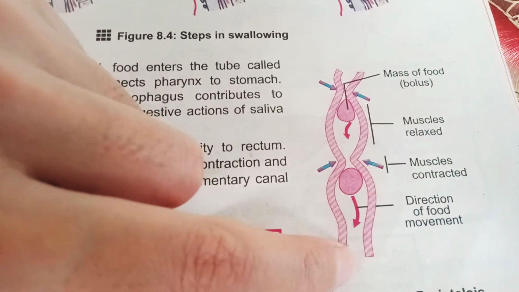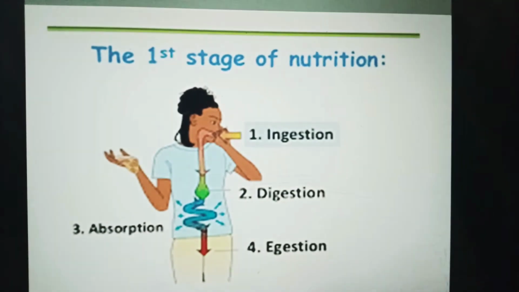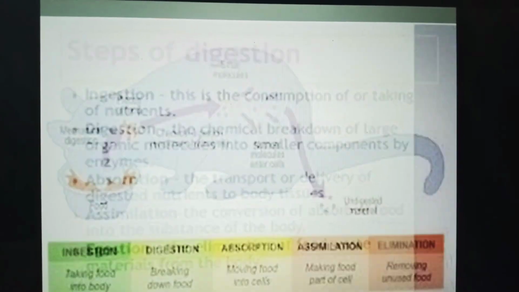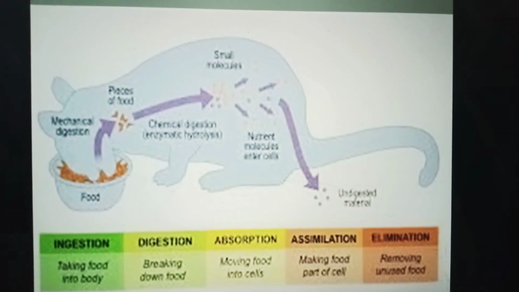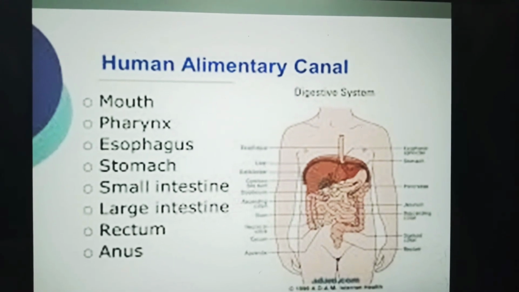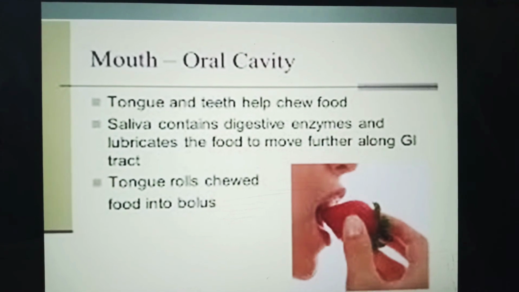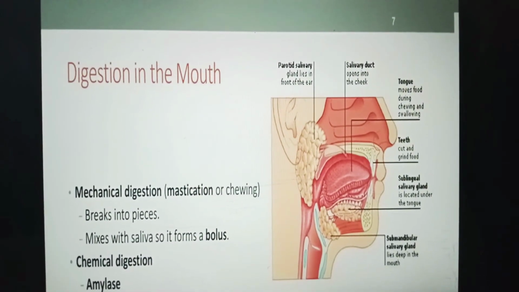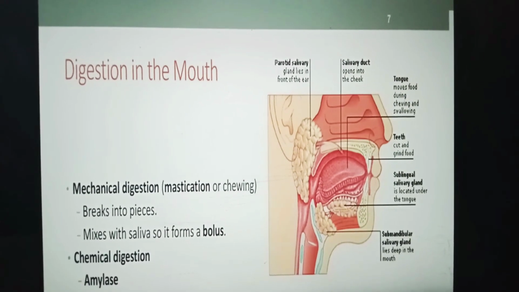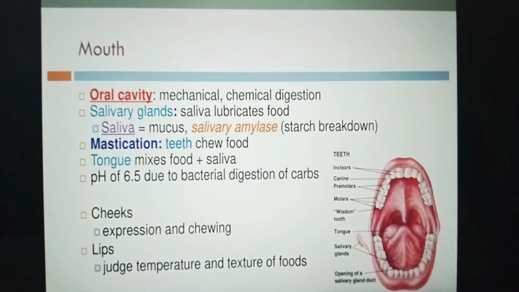I have discussed human digestion, the stages of nutrition, the steps of digestion in an animal, the human alimentary canal, and digestion in the oral cavity. Digestion in the mouth, including mastication, chemical digestion, and the contribution of salivary amylase.